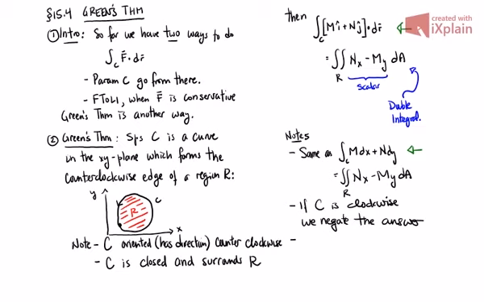And lastly, this is just to emphasize the point, is that C must completely surround R. So just as a little picture, if you had a C that was like this, it would not work.